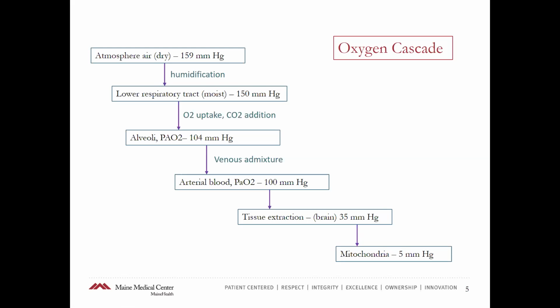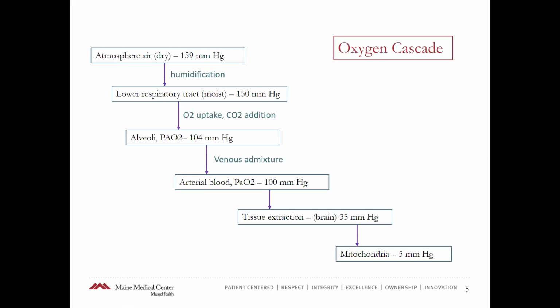Moving down into the alveoli, now you have a PO2 that's around 104. What has reduced it at that point, right, is the CO2 that's coming back from the periphery and back into the alveoli, and the uptake of oxygen at that level. There's going to be a little bit of venous admixture from things like the bronchial veins and coronary sinus.